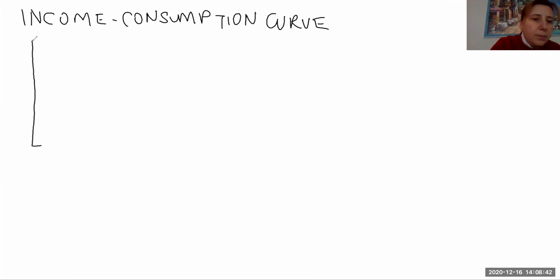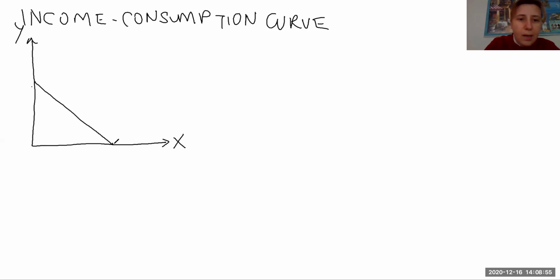Suppose that at the beginning, this consumer is consuming two goods, X and Y, and the budget line of the consumer is just like that. The horizontal intercept is I over Px, and the vertical intercept is I over Py. Suppose that the best affordable bundle of this consumer is located at point E, where the highest indifference curve touches this budget line.